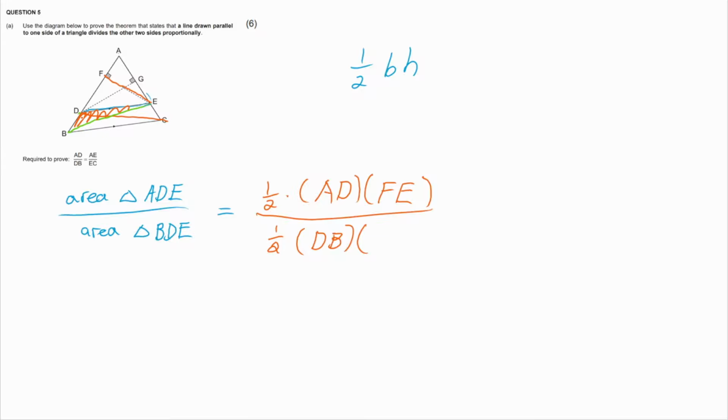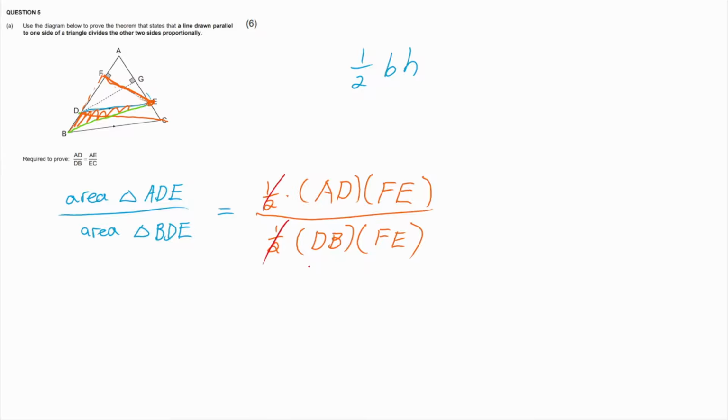The perpendicular height of this triangle is the same, it's just this line over here. EF is the perpendicular height from this base. If you extend this base, the perpendicular height is this length over here, FE. So this is what we were expecting, right? Because we need things to cancel.